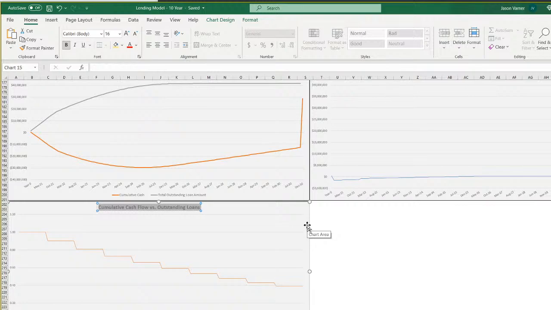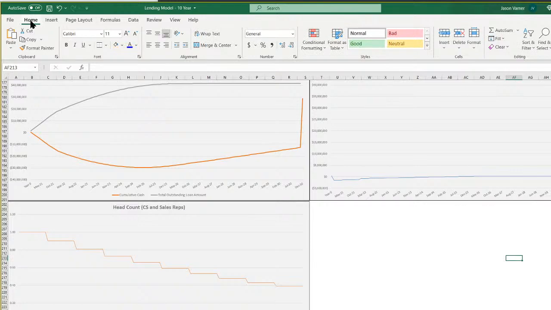We're getting IRRs around 7, and I haven't really put in very many operational costs at all. And we're just doing revenues, interest revenue, and origination fees.